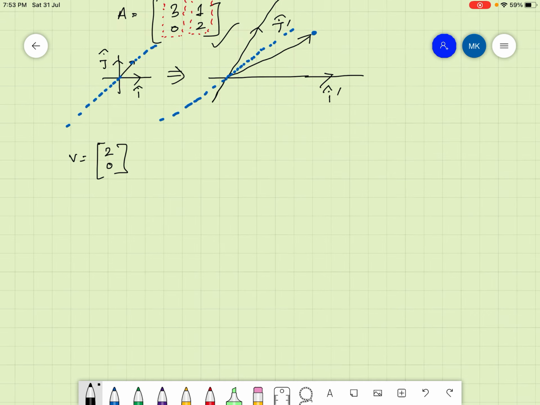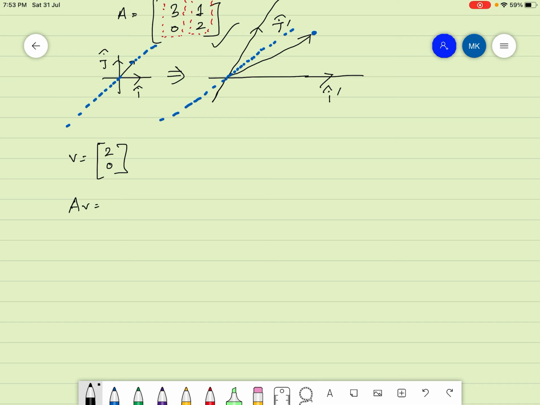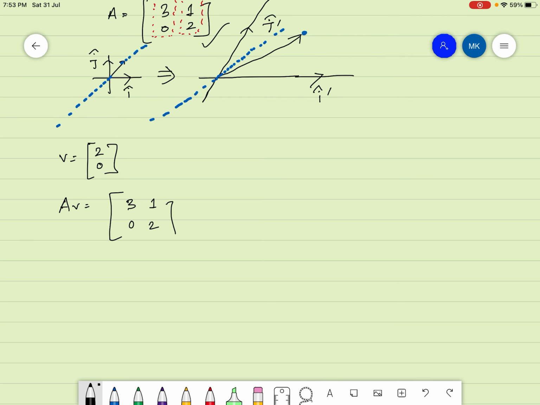If you multiply A v, what you'll get is 3 0 1 2 multiplied by 2 0. So you'll get 3 into 2 plus 1 into 0, and 0 into 2 plus 2 into 0.